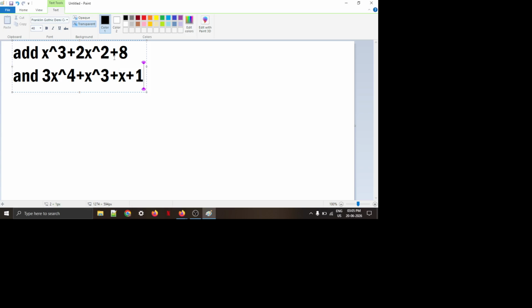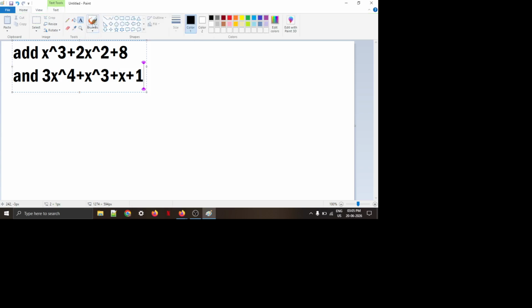2x square, you don't have an x square term in the second polynomial, so it doesn't have a like term. Constants you can group together. So the only like term that we have is x cube and x cube. So first let's write x cube.